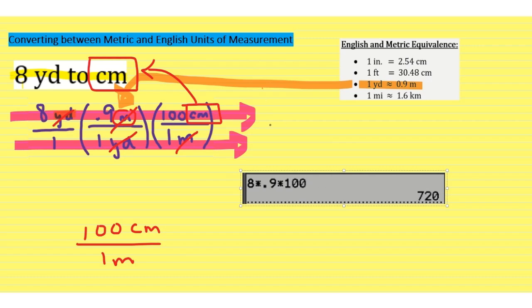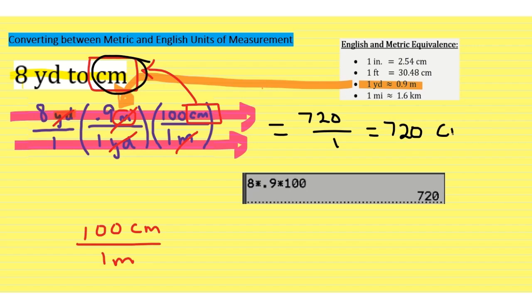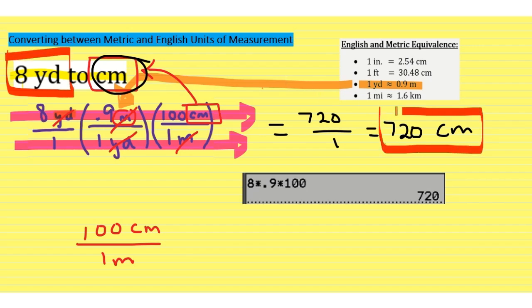And of course, it's divided by 1 times 1 times 1. And that 1 in the denominator can just disappear. So my final answer is 720. The units are centimeters. And now we know that 8 yards is equal to 720 centimeters.